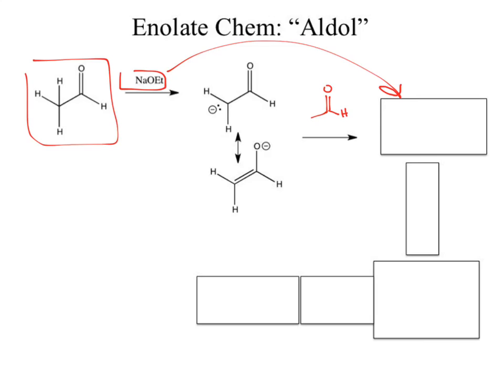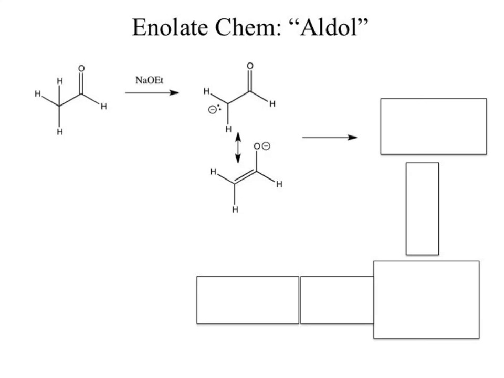Taking a step further, when we take a look at that very first step, I did a really horrible job with my arrow in that case. That very first step is actually an equilibrium step. Which way does the equilibrium favor? The right.